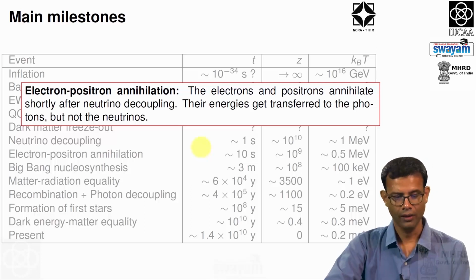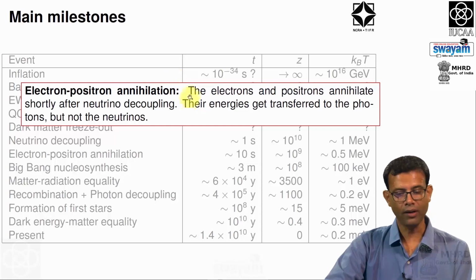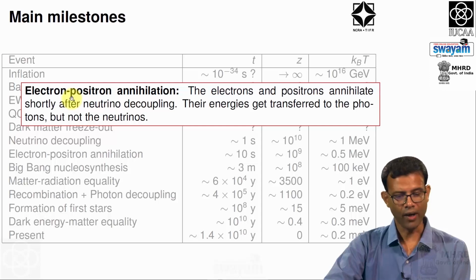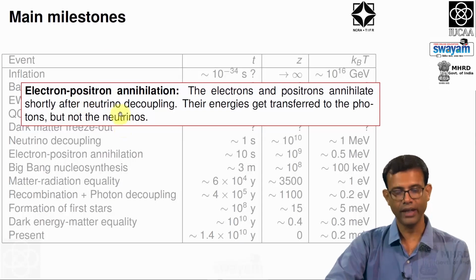We need matter to be more than antimatter, but whatever this is, the electrons and positrons would keep on annihilating, and at some point the remaining positrons annihilate completely with electrons, and the energies get transferred to the photons, basically producing radiation, but not to the neutrinos because neutrinos would have decoupled. We will see its implications soon.